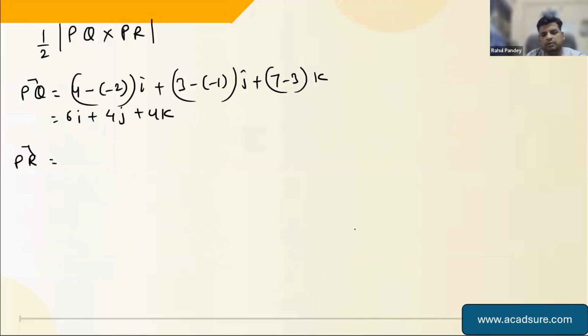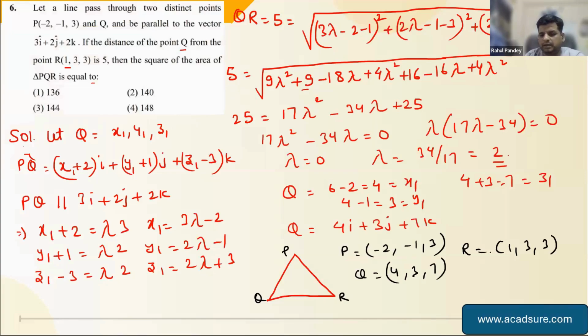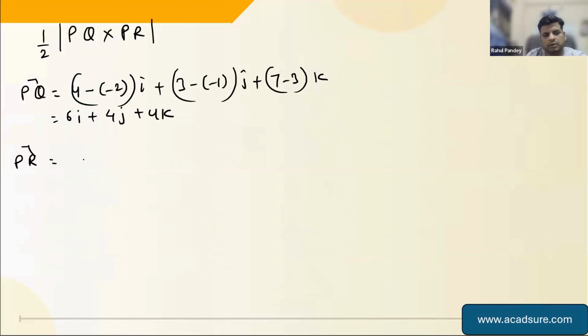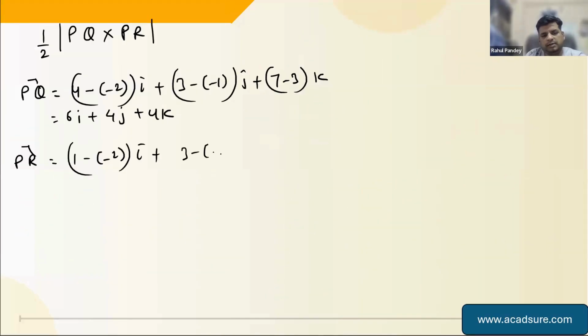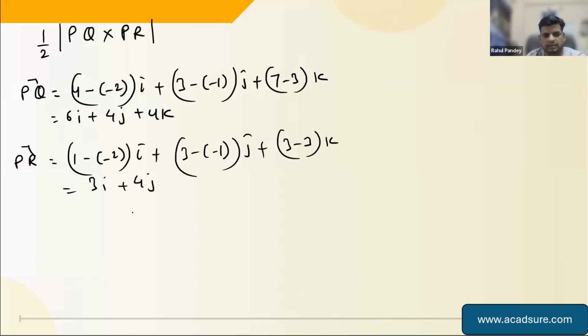And PR would be equal to (1 - (-2))i + (3 - (-1))j + (3 - 3)k, which is 3i + 4j + 0k.